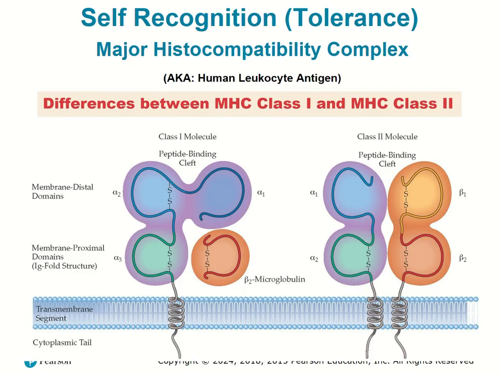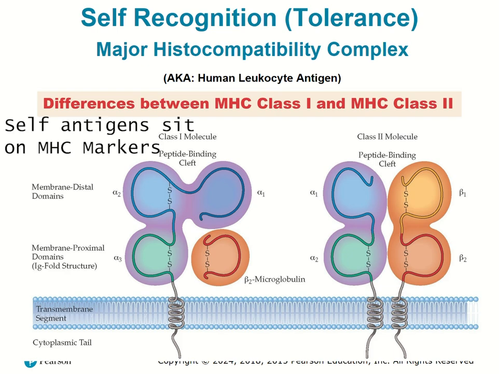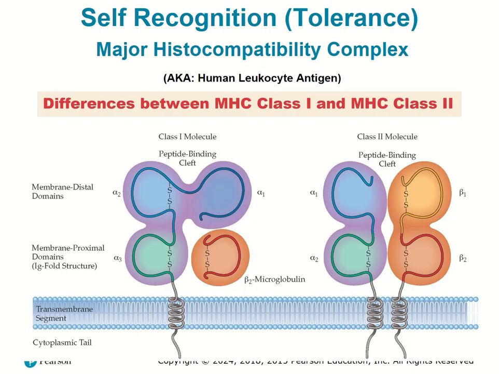Now, when I talk in humans, we may have been talking generically about antigens that we have on our surface. What we're going to say from this point on are MHC markers, or major histocompatibility complexes. So major, because it's a large thing, but histocompatibility, histo meaning tissue, compatibility complex.